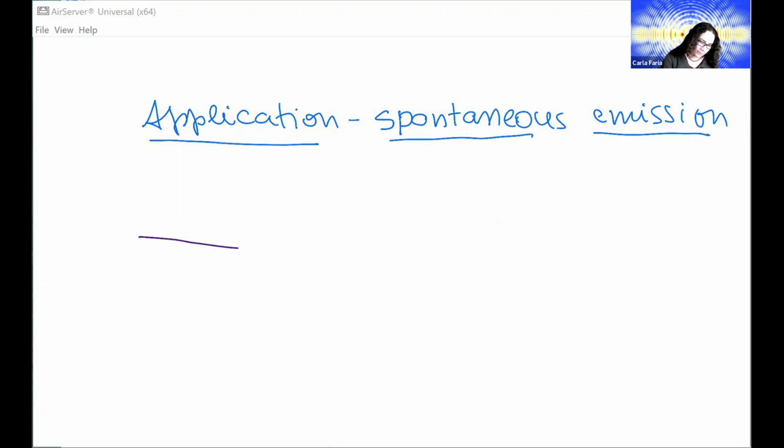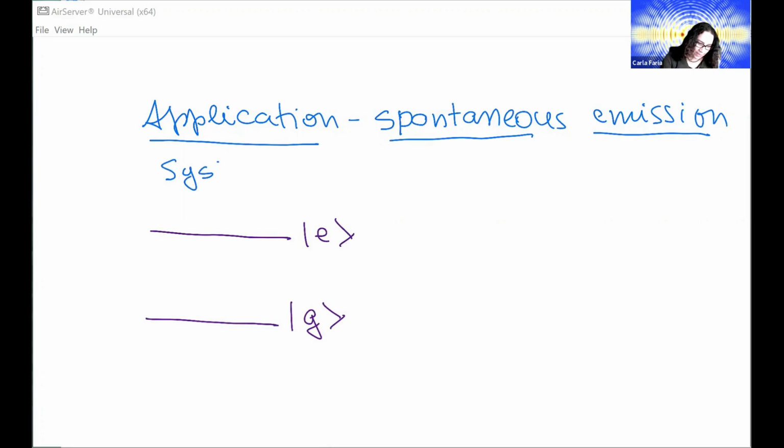So it's going to have, let me draw this better, an excited state E, a ground state G, and this, as we have seen in previous lectures, is quite useful for describing the physics of systems which are more complicated, but which have a pair of levels which are strongly coupled.